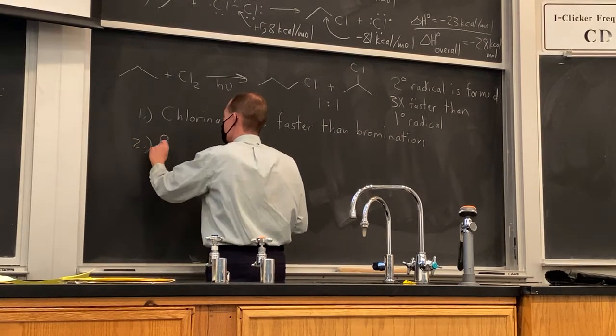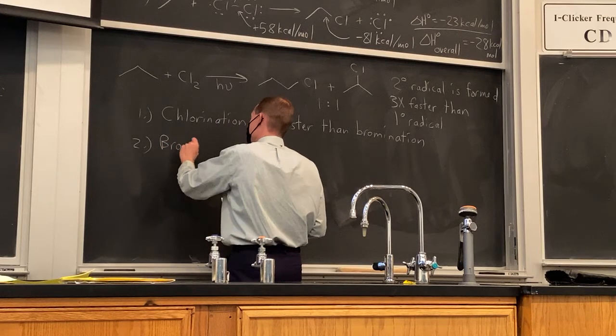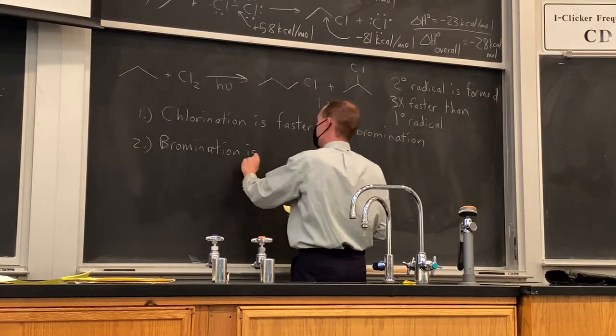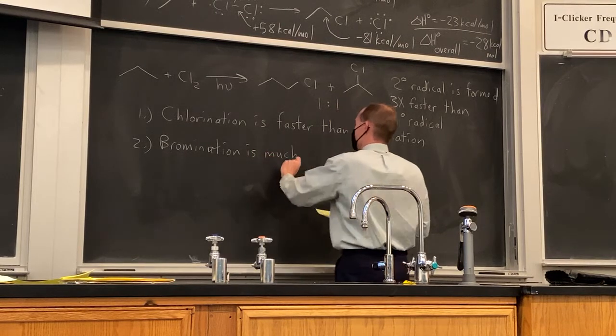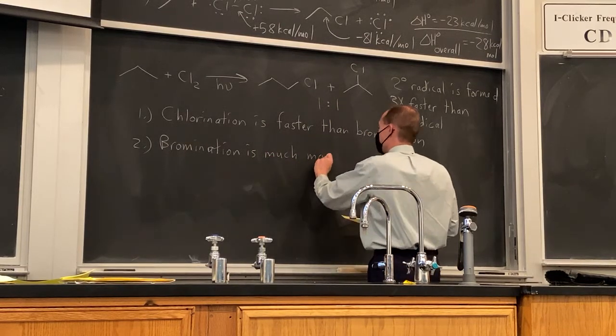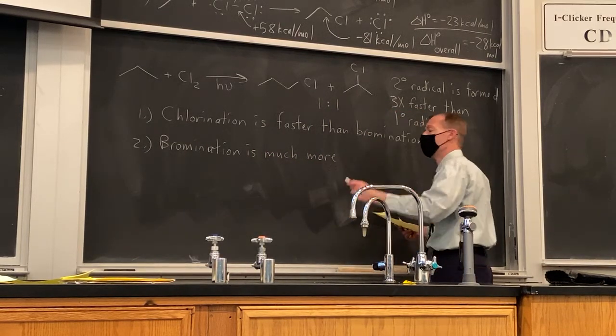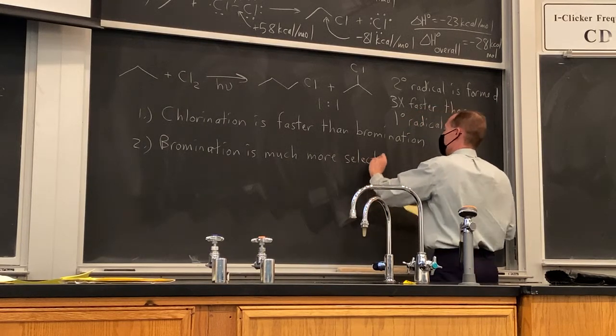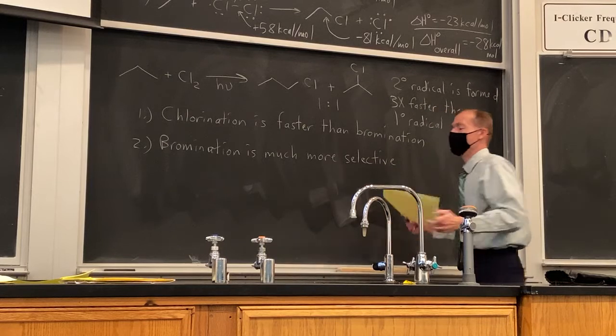The second difference is bromination is much more selective, whereas chlorination will give you all possible monochlorinated products. Bromination will give you a major product.